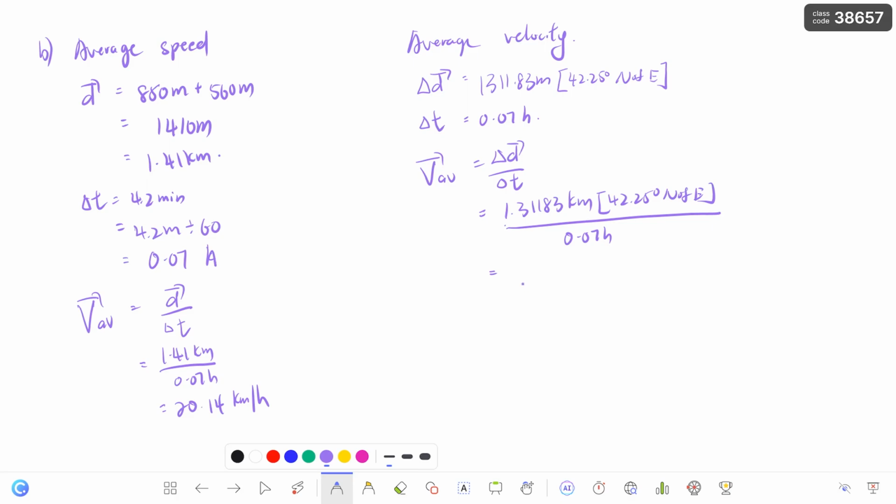So the answer should be 18.74 km/h, 42.25 degree heading north of east. So that's the answer. You can see that there's actually a difference between the average speed and average velocity. So that's all. Thank you.